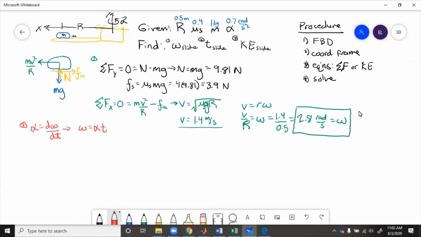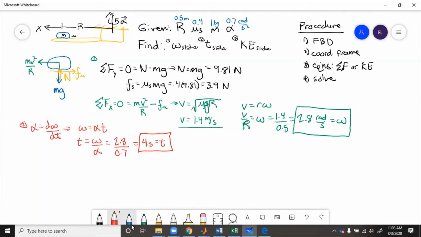So t equals omega over alpha, which equals 2.8 over 0.7, which equals 4 seconds. And that seems pretty reasonable. I don't know if you've ever put a Beanie Baby on a fan and turned on the fan, but 4 seconds is about decent before it starts sliding.